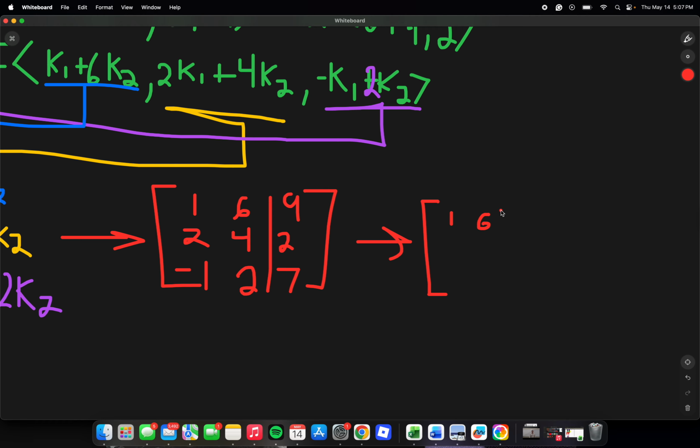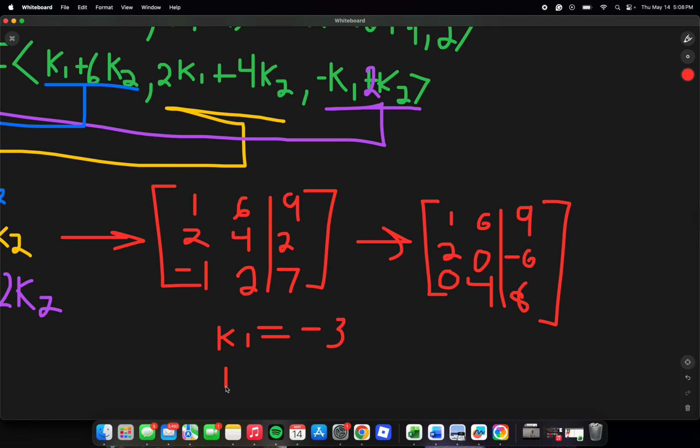All right. And if you do some Gauss elimination, you'll find, at least I found, the matrix of 1, 6, 9. I left the top unchanged, but with some Gauss elimination, I found a really nice elimination to be this, which means that k1 equals negative 3, whereas k2 equals 2.